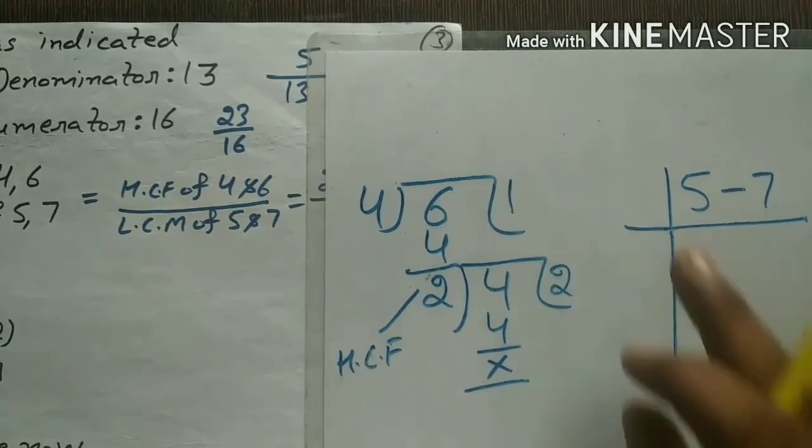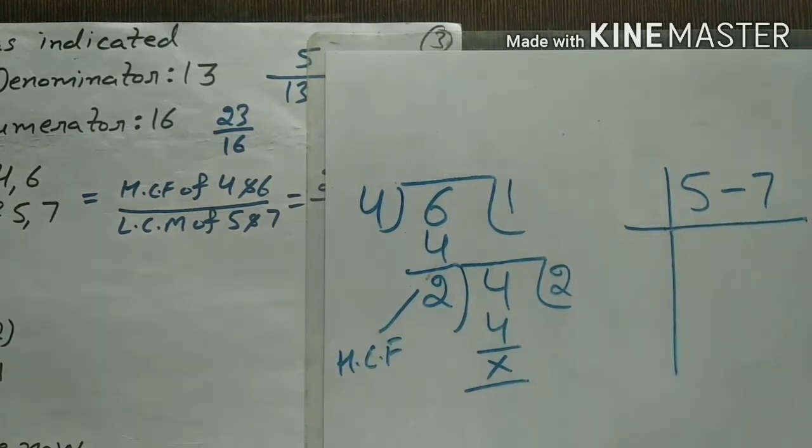Now, 5 and 7, two numbers are there. Both are not divisible by 2, so we will not consider 2. Now, the next prime number is 3. Is any divisible by 3? No, 5 and 7 both are not divisible by 3.